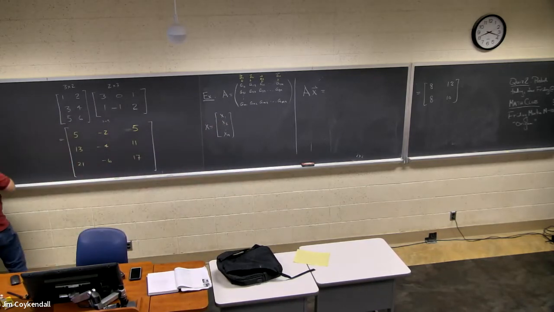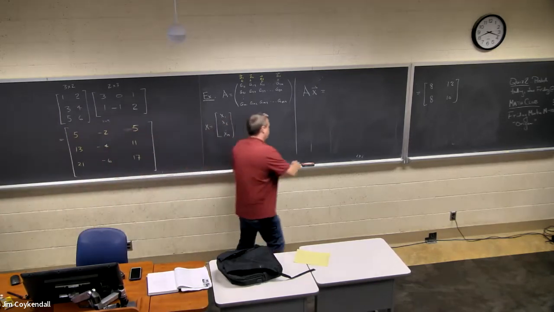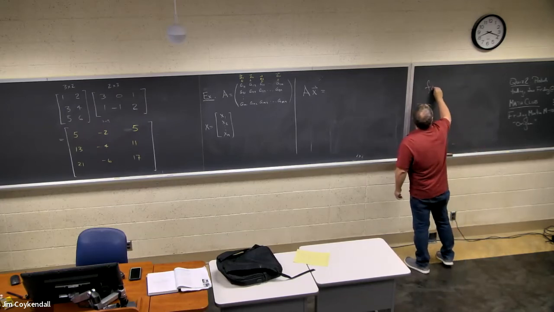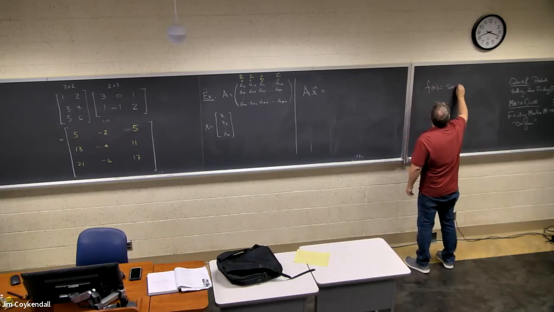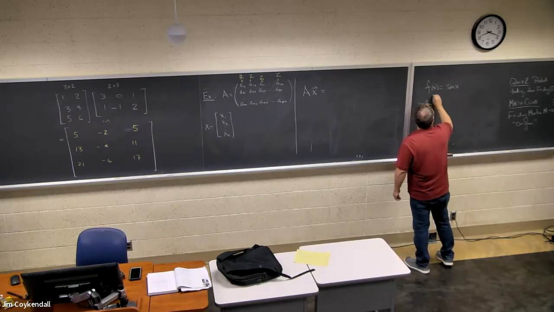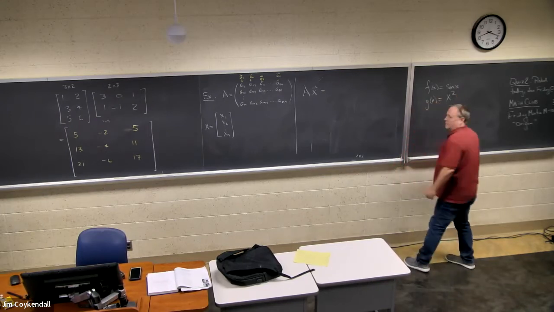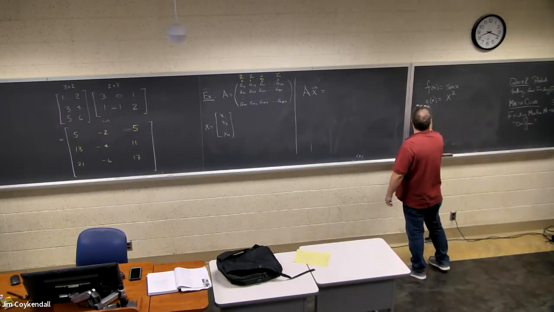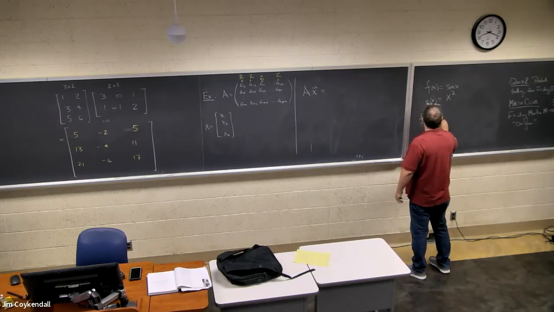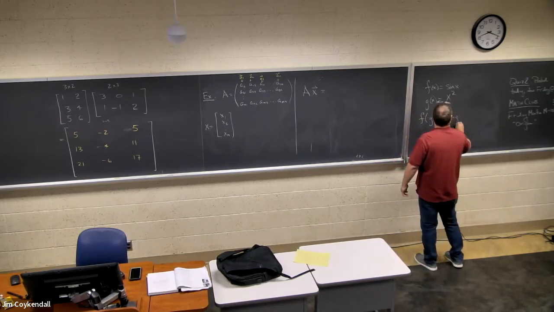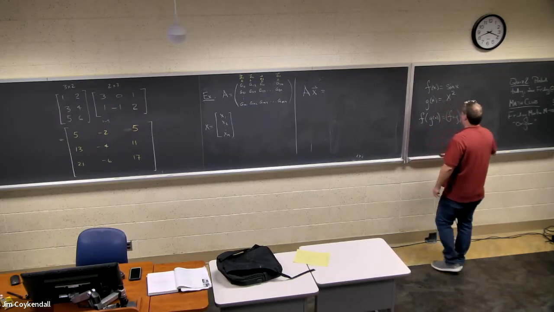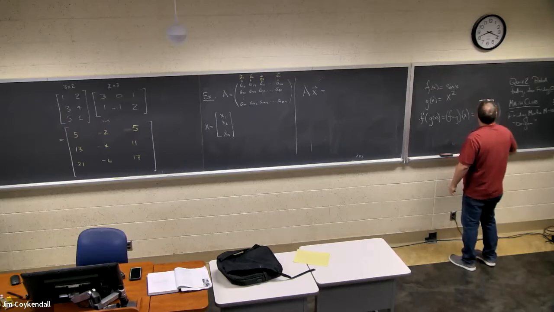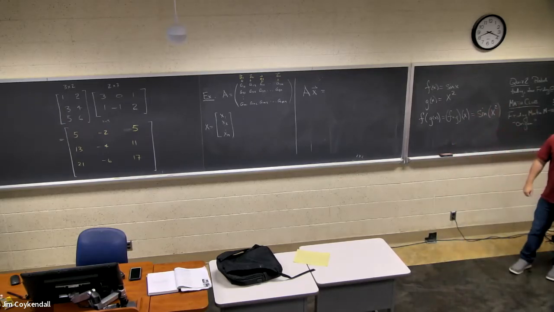For example, let me just take a little segue here. Suppose you have these two functions. If you do f of g of x, this is sine of x squared. Everybody agree with that?